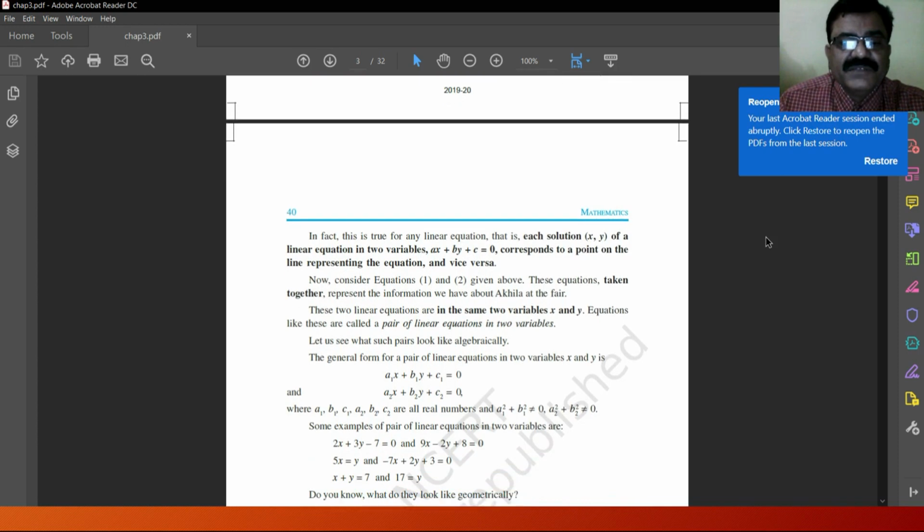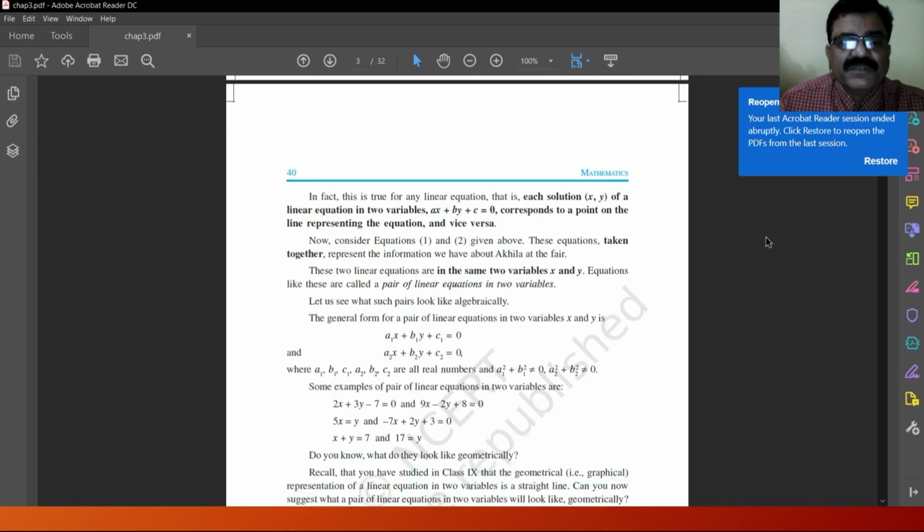Let us take some examples: 2x plus 3y minus 7 is equal to 0 and 9x minus 2y plus 8 is equal to 0; 5x is equal to y and minus 7x plus 2y plus 3 is equal to 0; also x plus y is equal to 7 and 17 is equal to y.